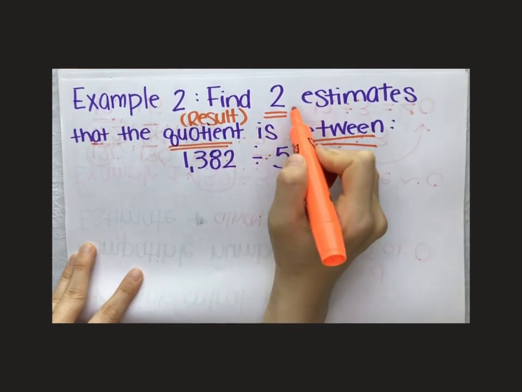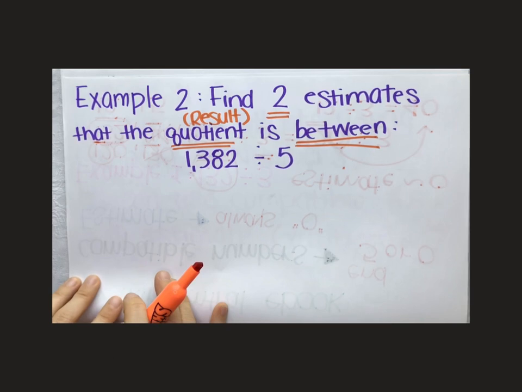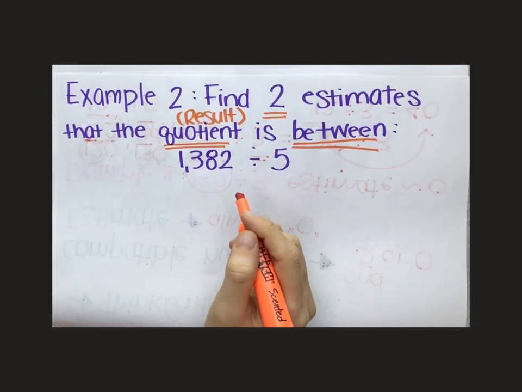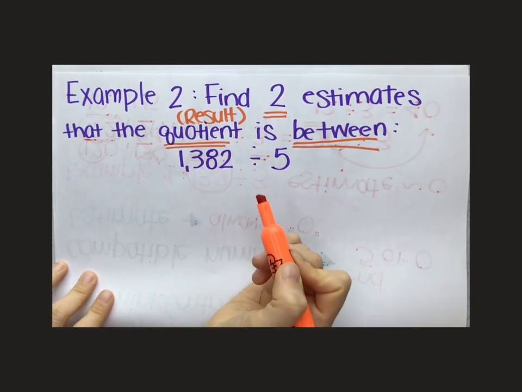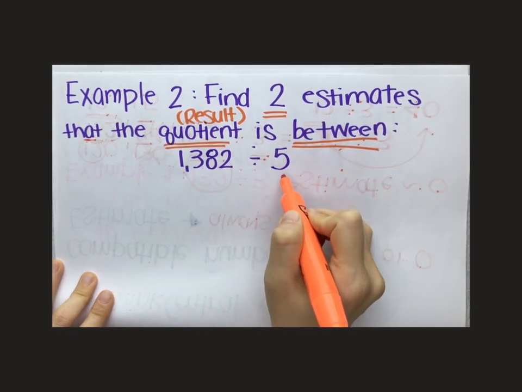So boys and girls, it is asking for two estimates. It is asking for the estimate that is lowest, and the one that is largest. So let's take a look at 1,382, my dividend, divided by 5, my divisor.